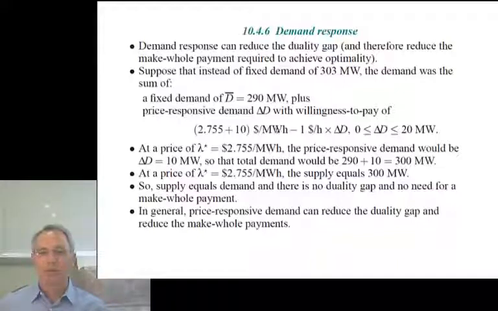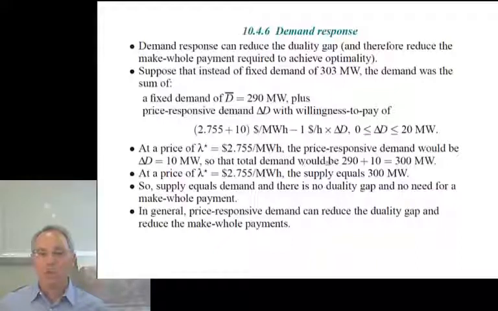This is similar to the demand curves we've seen before. At a price of lambda star equal to 2.755, the price responsive demand would be, if we plug in and invert this equation, we'd find that delta D is 10 megawatts. Let's check that. Delta D equals 10 megawatts times 1 would give us 10. That 10 would exactly cancel this 10, resulting in $2.755 per megawatt hour, corresponding to the clearing price.